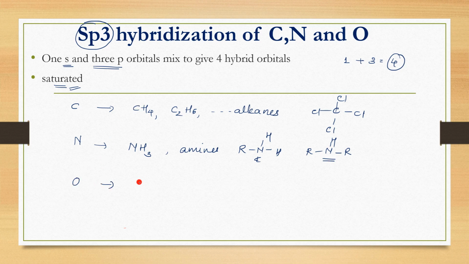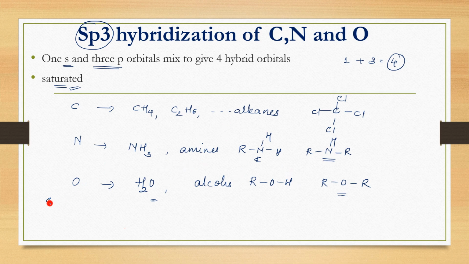Similarly for oxygen, we talk about H2O, right? Single bond, right? Alcohols are what? ROH, single bond. Then ethers, ROR, ethers, right? Single bond. So whenever oxygen is having a single bond, that is sp3 hybridization.